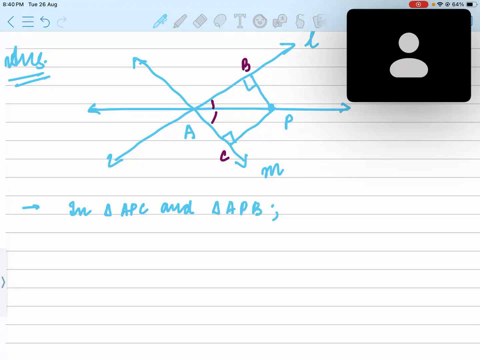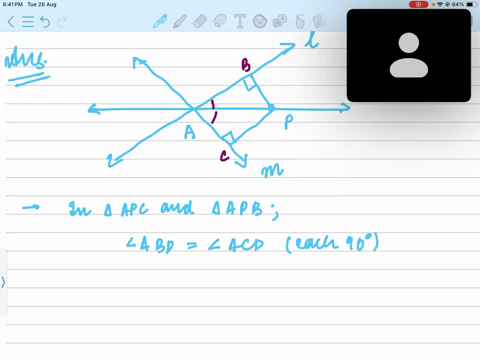First of all, what do I have? Angle ABP is equal to angle ACP. Why? Because each is 90 degrees.